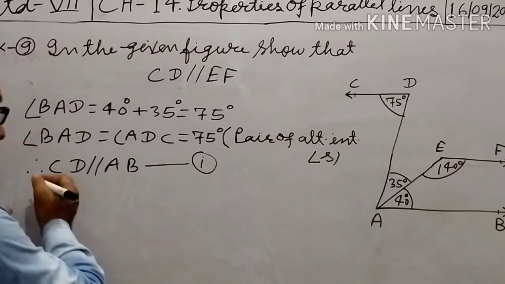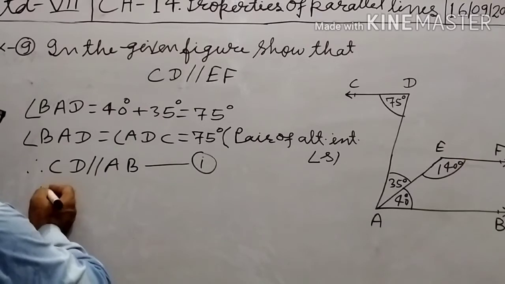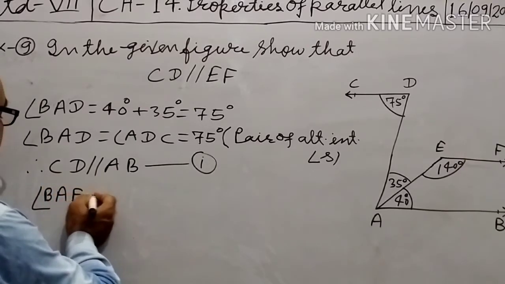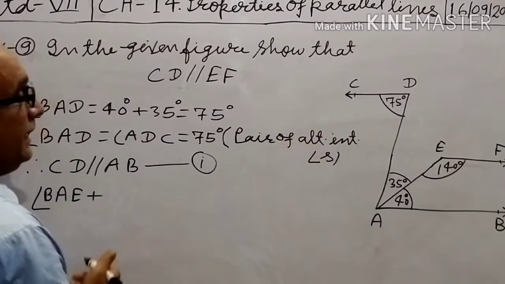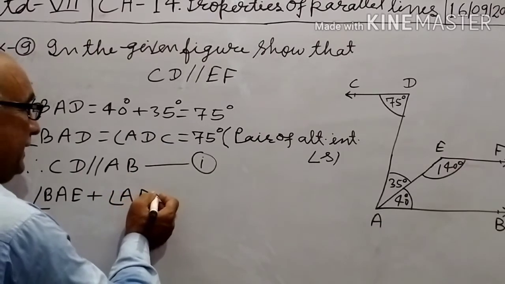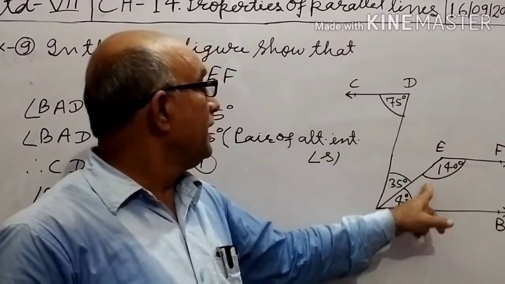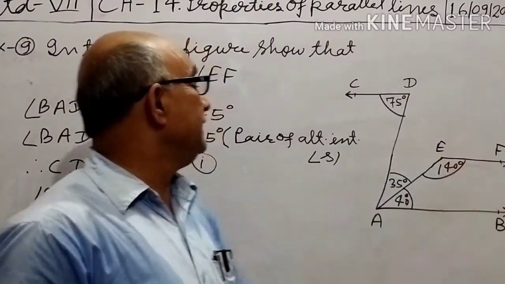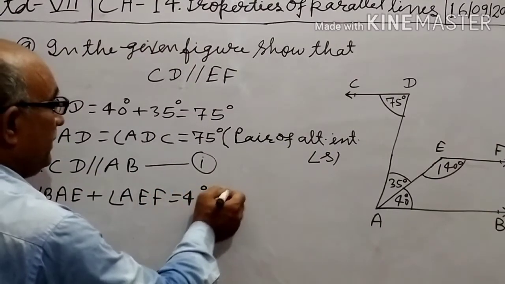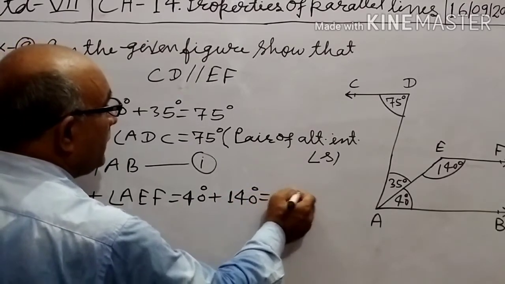Again, angle BAE plus angle AEF equal to 40 degrees plus 140 degrees equal to 180 degrees.